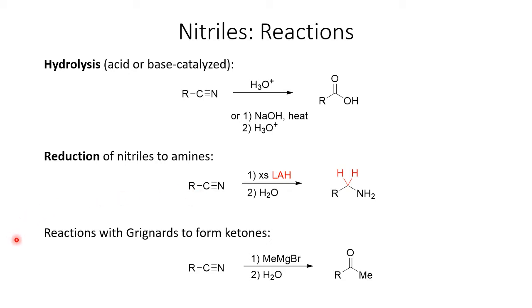And then what's unique to nitriles is they can actually react with Grignards to form ketones. Again, we're not going to go over the mechanism, but it's important to highlight that there's other ways to create ketones other than the ways that we've learned so far. So again, taking a nitrile, treating it with a Grignard, and we end up forming a ketone.